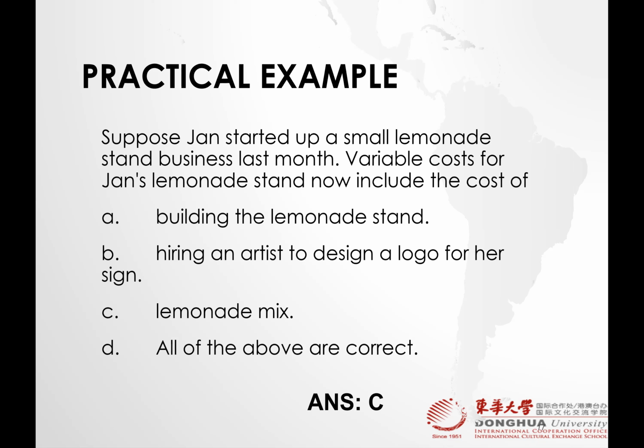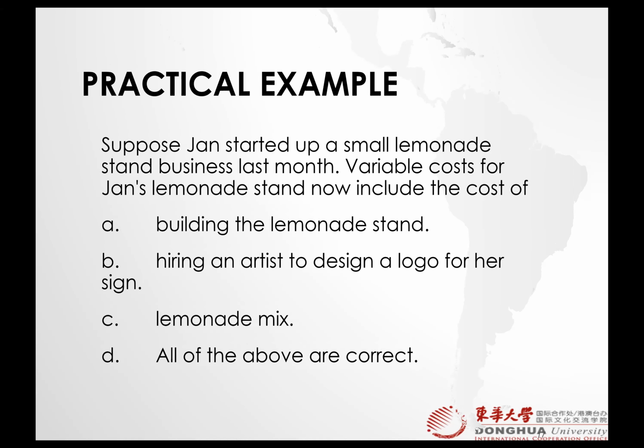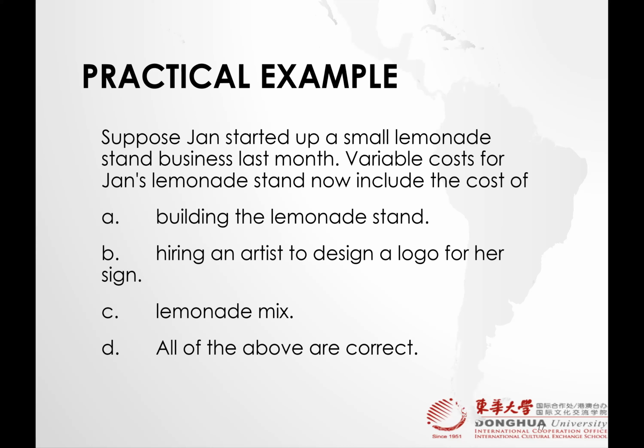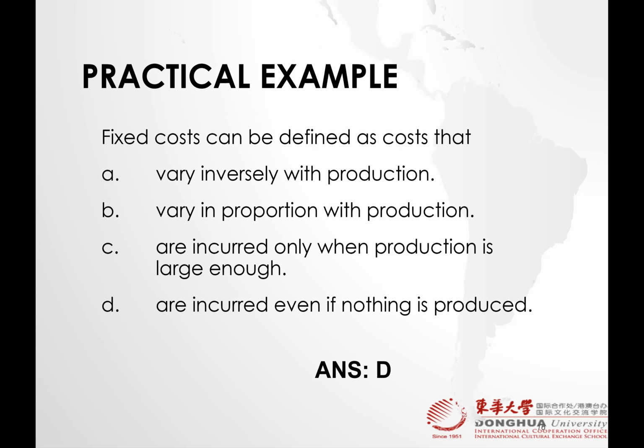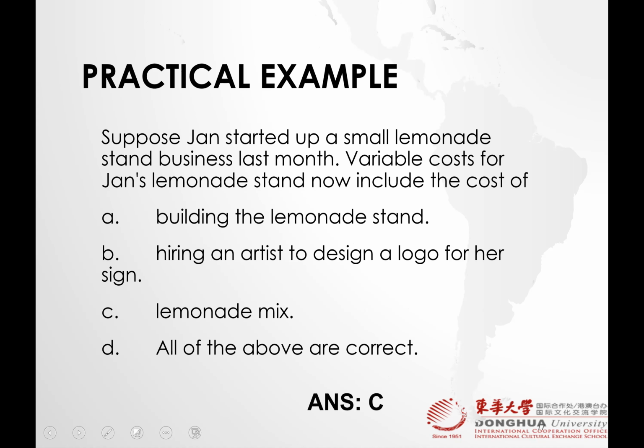If you sell more, you have to produce more. You need more raw material of lemonade mix. That perfectly fits the definition of the variable cost, right? So the answer is C.